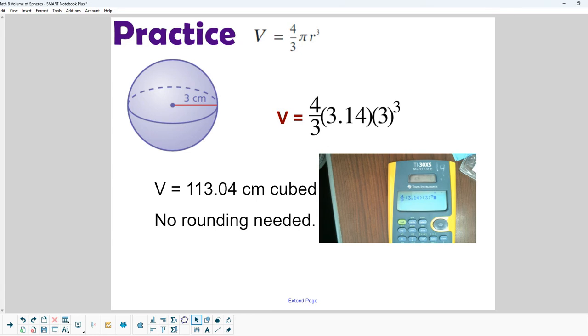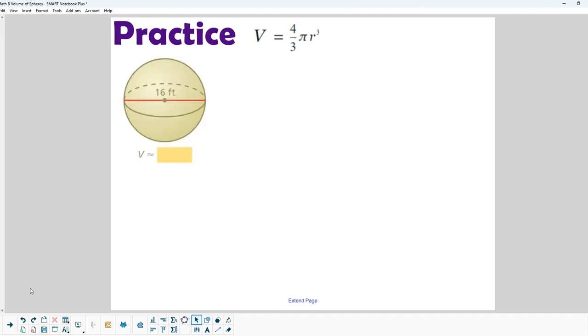Okay, so let's take a look at another one. In this one, we actually have a basketball that has, or it can't be a basketball, it's a very big giant ball of some kind that has a diameter of 16 feet, which is quite big. So when we put it in our formula to find the volume, we have to take that diameter.